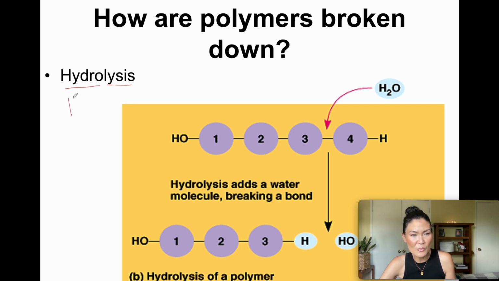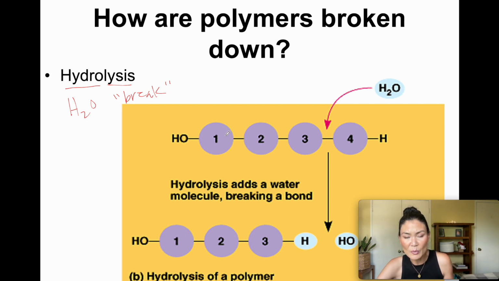Hydro refers to water, H2O. Lysis means to break. In this example, it can refer to two things. Water itself is breaking in hydrolysis, but also we're breaking down the polymer using water. So there are two meanings here.